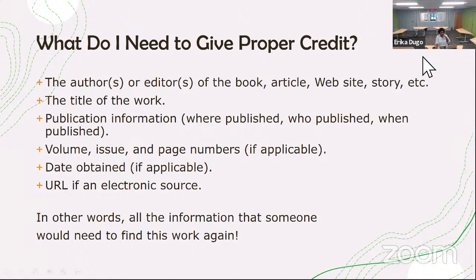So all of those citation styles have something in common, and these are typically the things that they have in common. The author or editor of the book, the article, the website, story, etc. The title of the work, the publication information, so where it's published, who published it, and when it was published, the volume, issue, and page numbers, if it has those, the date that it's obtained, and the URL if it's an electronic source, okay?